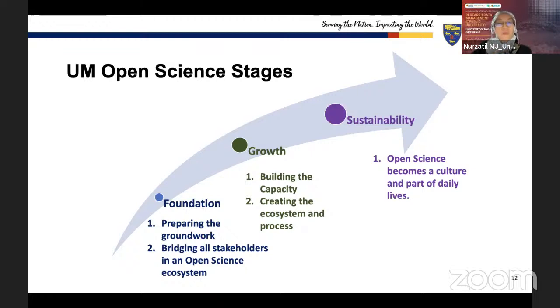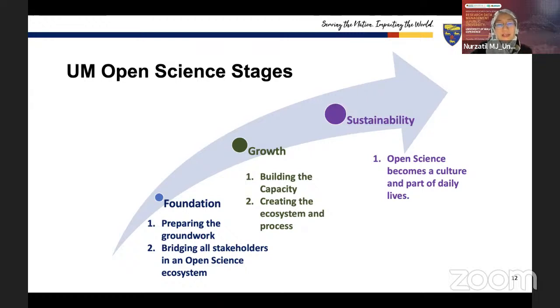What does foundation mean? It is preparing the groundwork. You have to bridge or bring all stakeholders in an open science ecosystem together. Remember when I said the roles just now, the stakeholders must communicate between one another so that we can create this ecosystem for open science or for research data management.